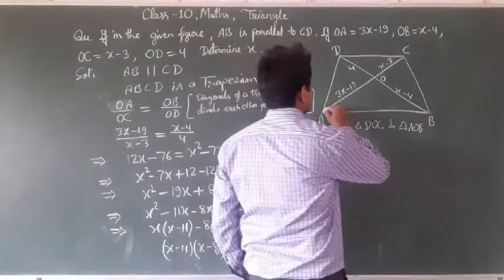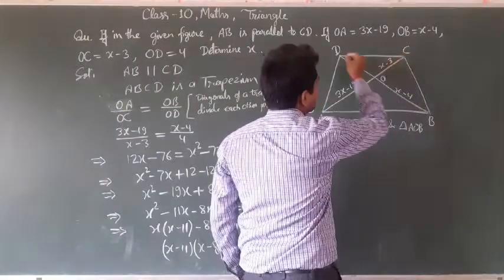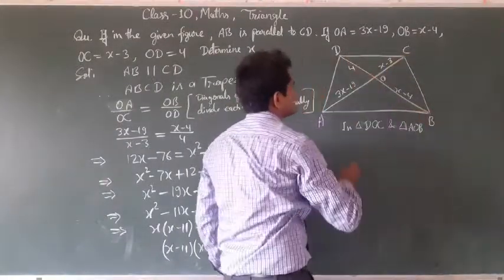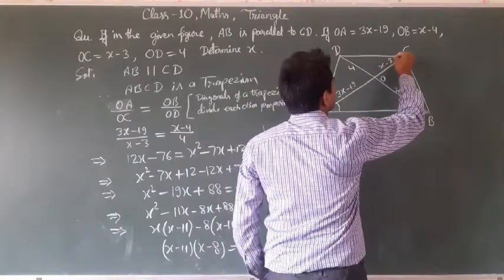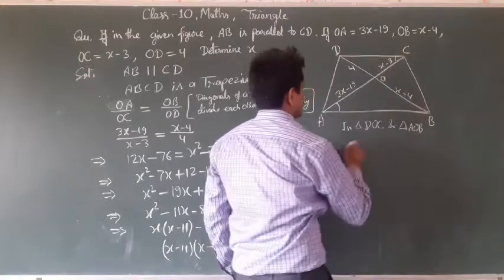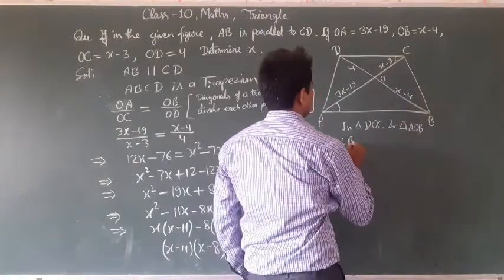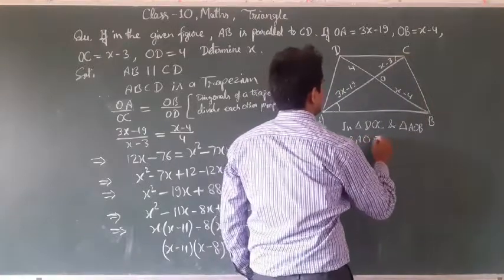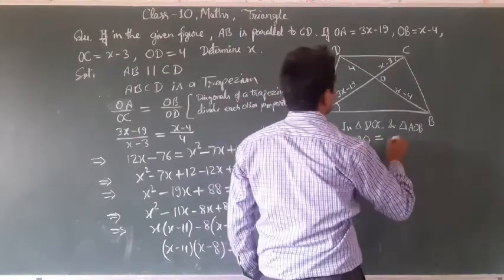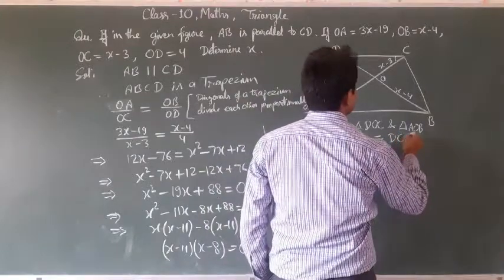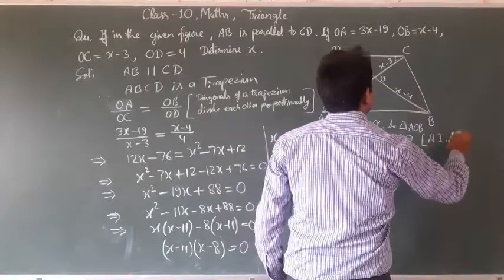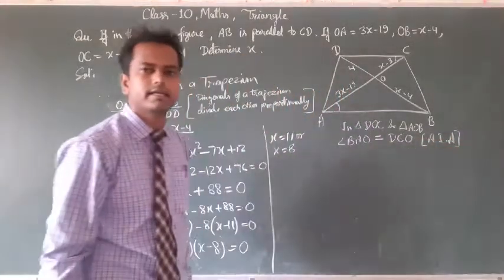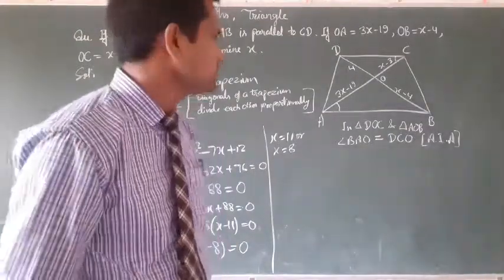So AC is a transversal and BD is also a transversal. So this angle is equal to this angle. It means angle BAO will be equal to angle DCO, that is alternate interior angle. That angle is called alternate interior angle.